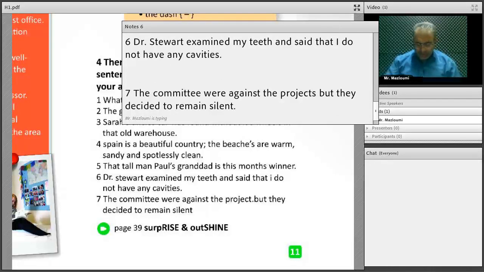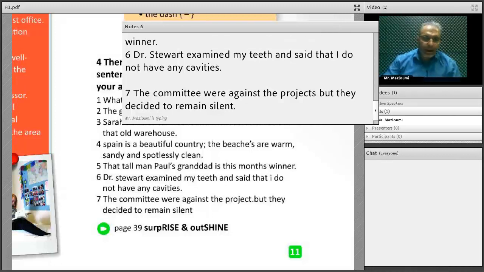Dr. Stewart examined my teeth and said that I don't have any cavities. So, Dr. Stewart, capital S because it's a name, and said that I, remember we always capitalize the pronoun I. And there is a full stop at the end. Okay, and the last one, number seven.